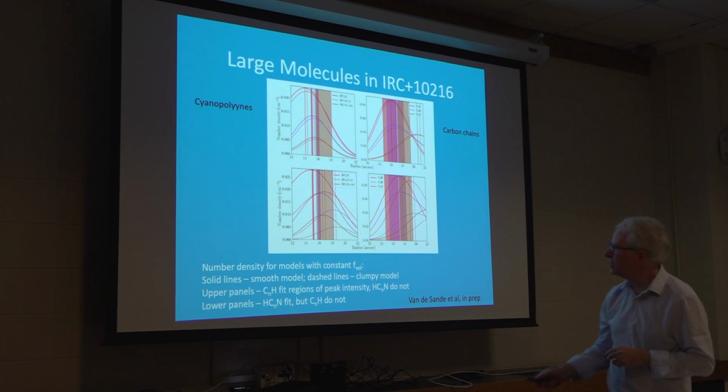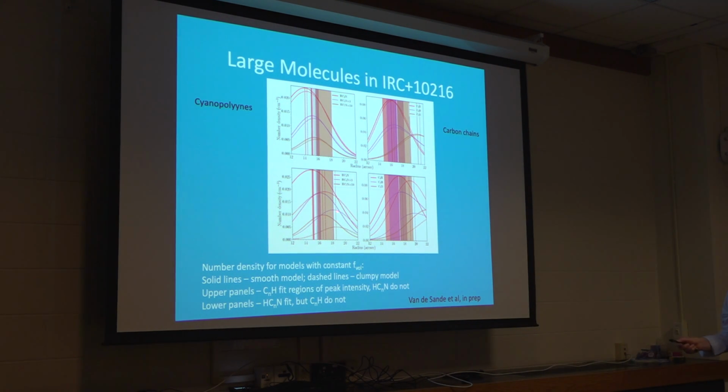We did try, and this is another one that I guess is just a failure rather than anything else, to use our model to fit the distributions that Denise Keller got from the cyanopolynes on the left-hand side and the hydrocarbons on the right-hand side. We ran about 5,000 models. We found that if we chose the models that fitted the carbon chains, they didn't fit the cyanopolynes.